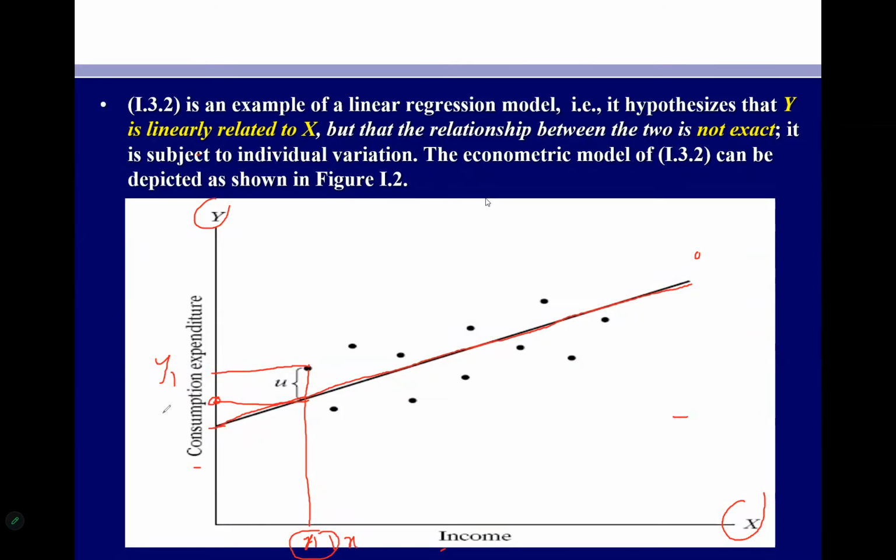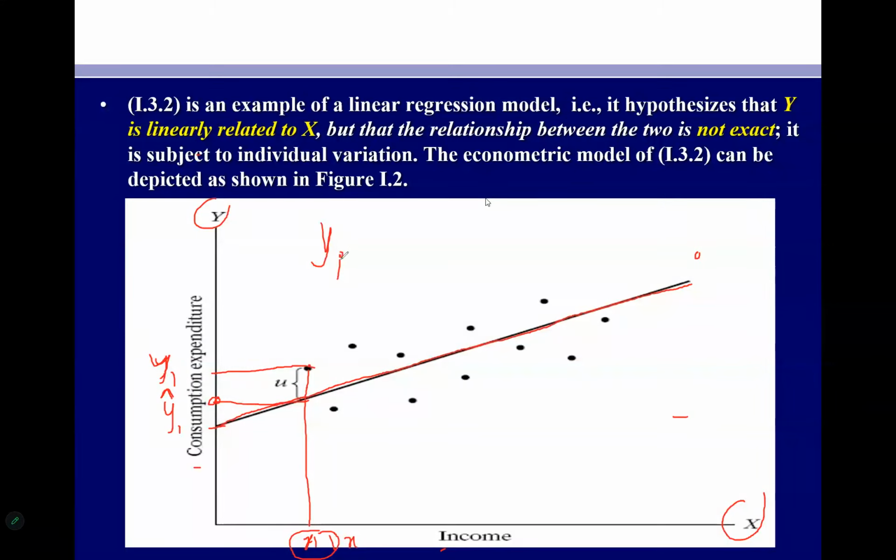This we can say is y1 hat. The y1 hat means the predicted value. Here y means the observed value or actual value. Now you can see there is a difference.